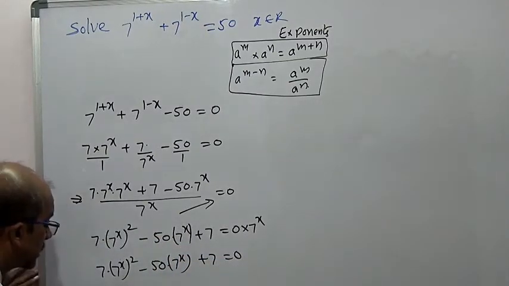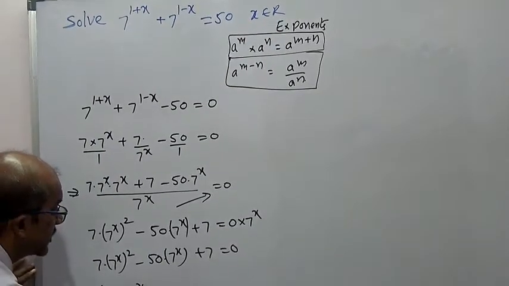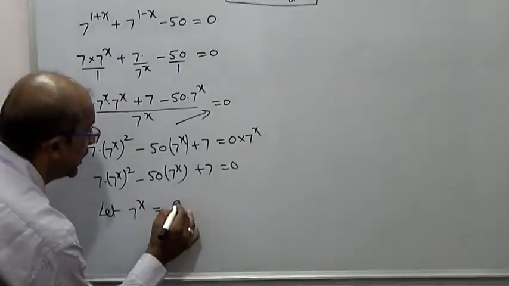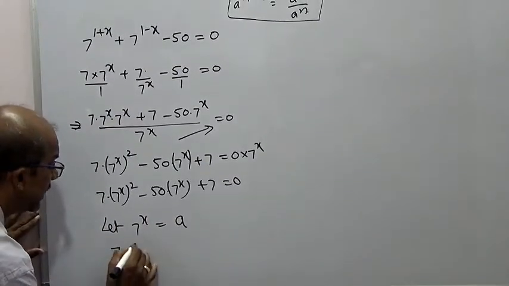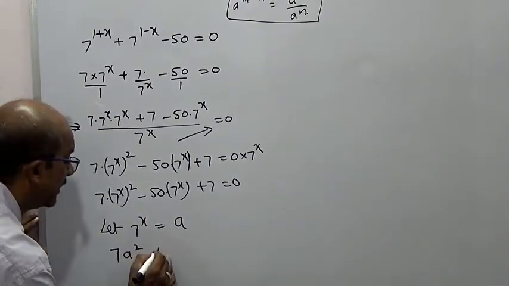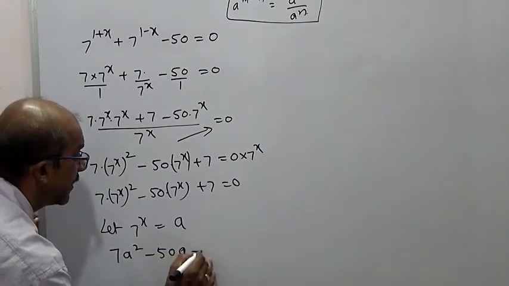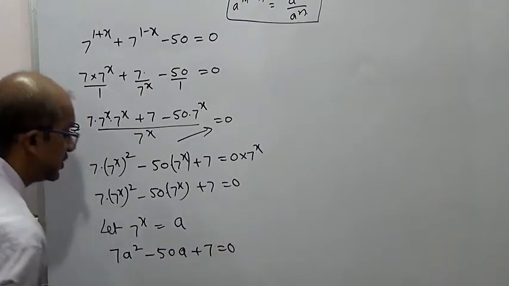Now let 7 power x is equal to some a, it is 7a square minus 50a plus 7 is equal to 0.